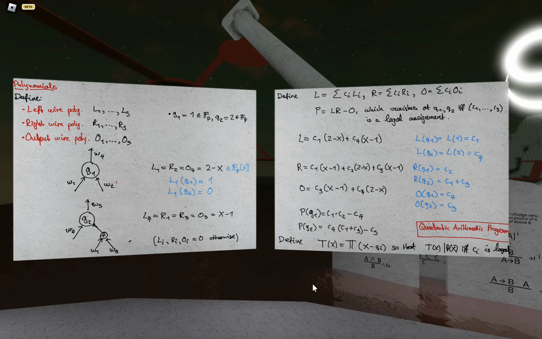So what I mean by all of this is the LIs, the RIs, the OIs, and T. So we are going to prove that we know a P of X that satisfies the quadratic arithmetic program, a solution to a quadratic arithmetic program. And this is how we are going to produce our proof.